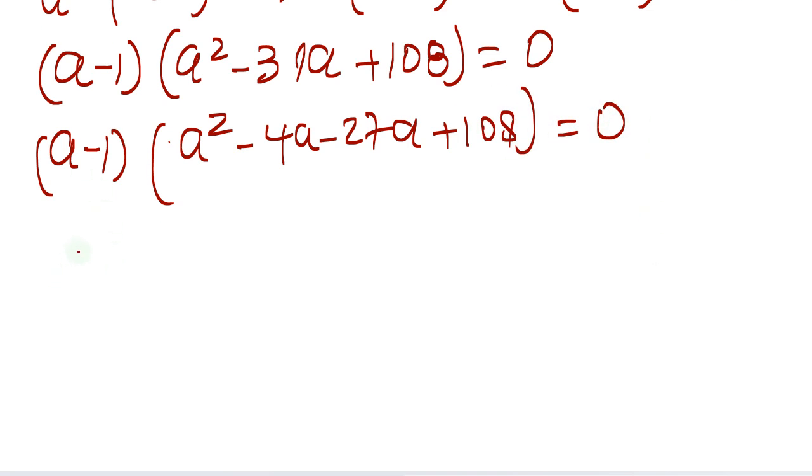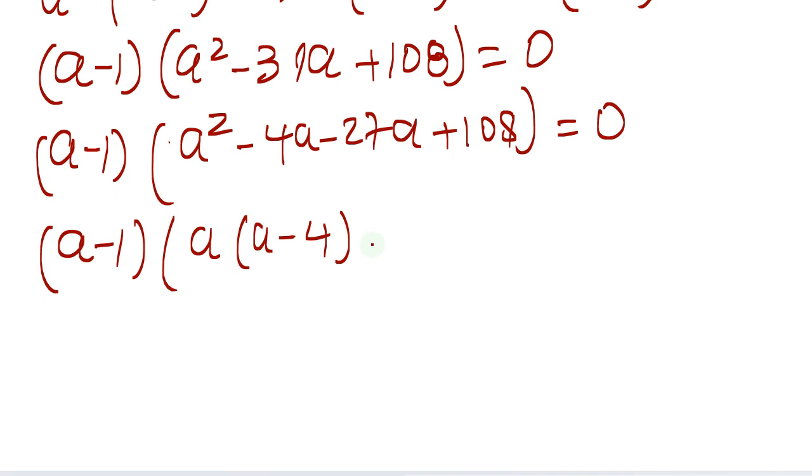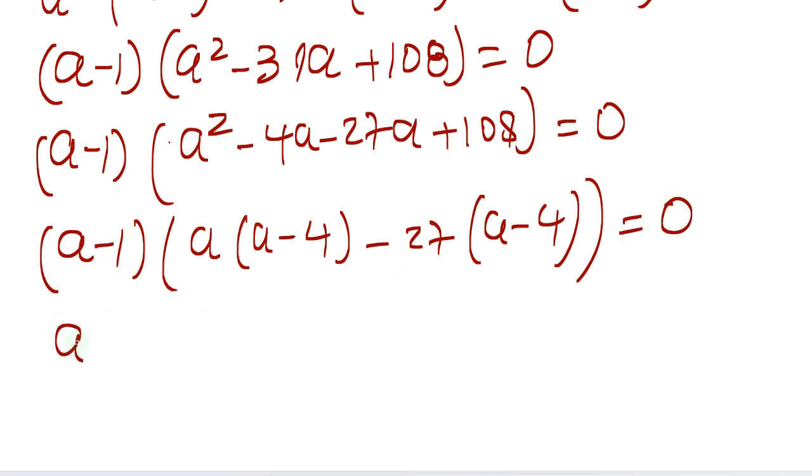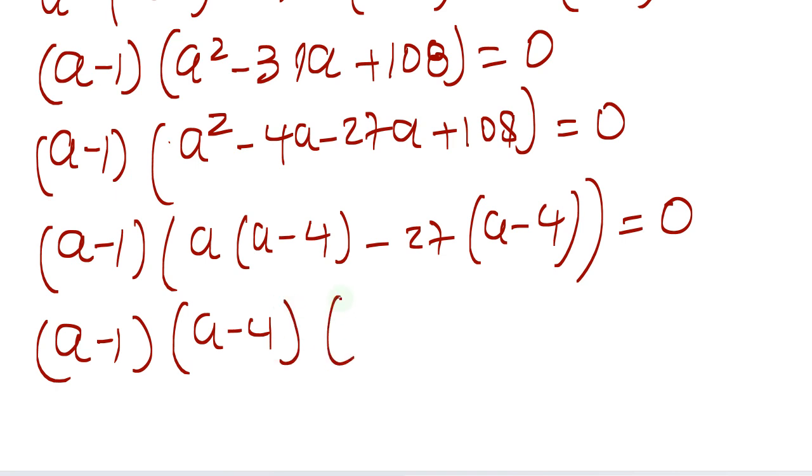So from here we have that a minus 1 will multiply this one here. We'll have a, which multiplies a minus 4, and then minus 27, which multiplies a minus 4, and then this is 0, and then this is a minus 1, which multiplies a minus 4, and which multiplies a minus 27, and then this is equals 0.